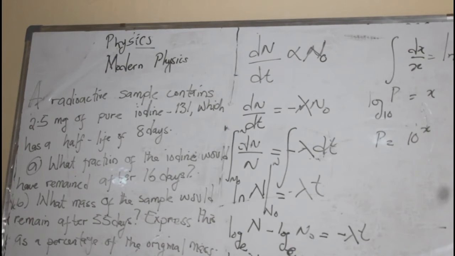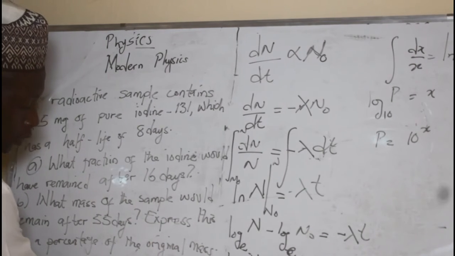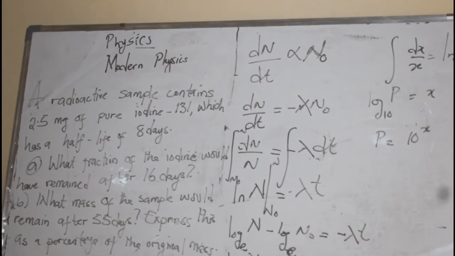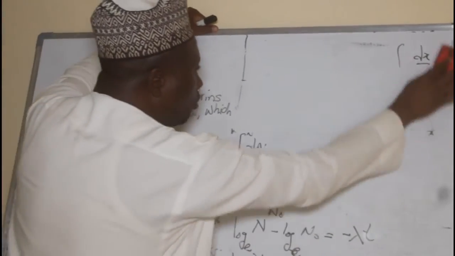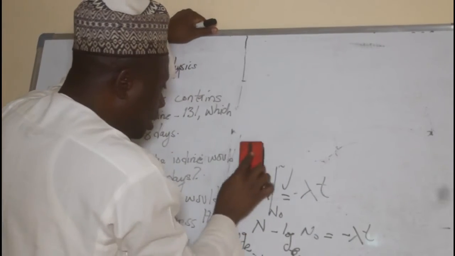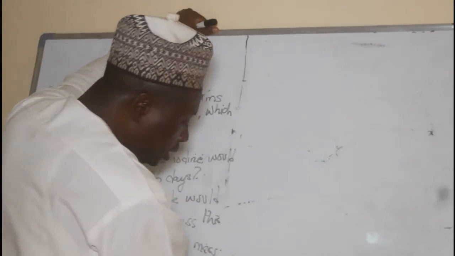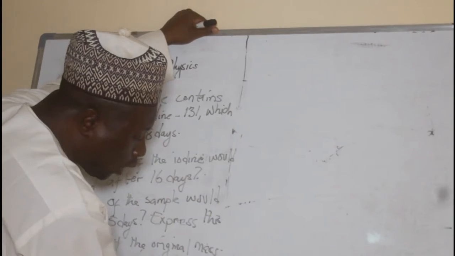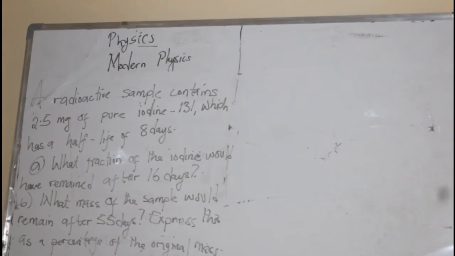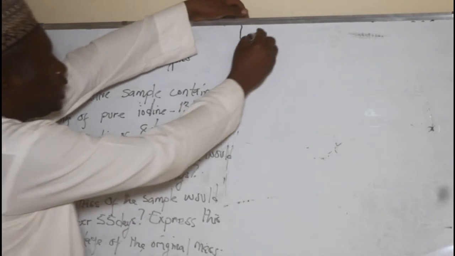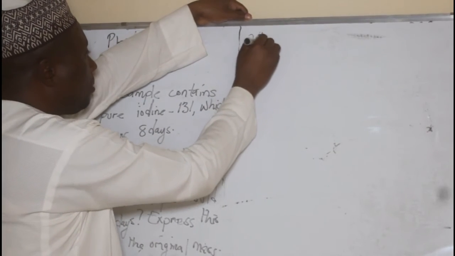Are we there? Did you understand it? So now I'm going to use this to establish what we call half-life. By half-life we mean the time it takes a radioisotope to decay to half its original mass. Do you understand what I mean? Initially you have 24 grams.